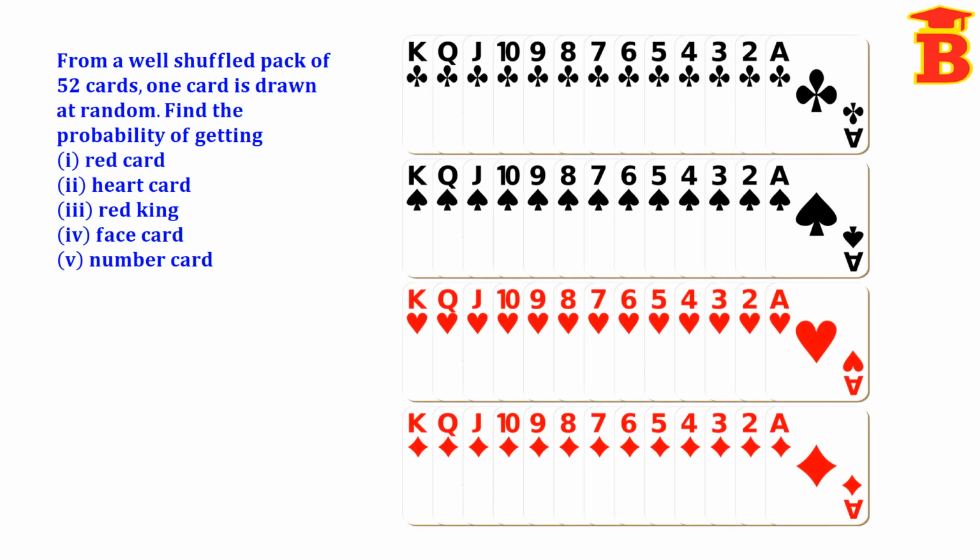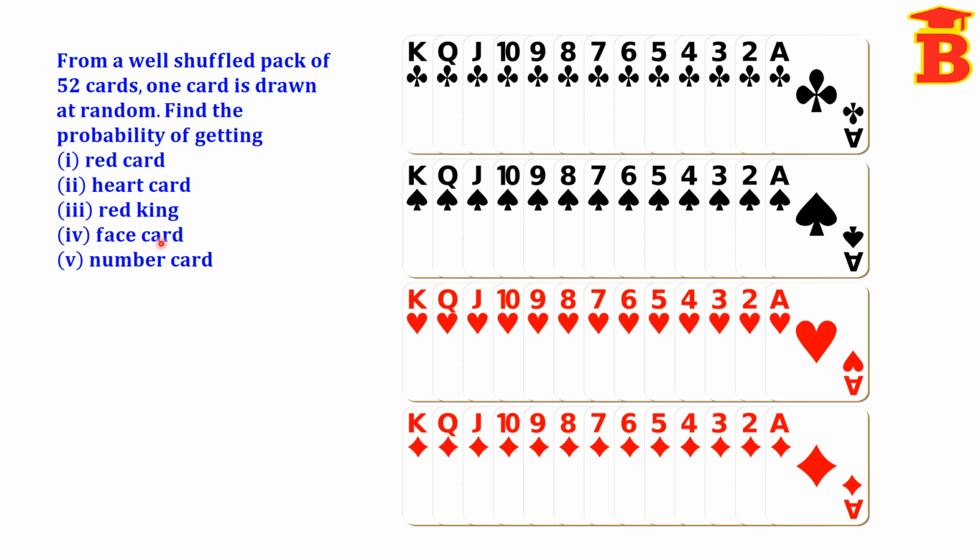We know that there are 26 red cards. Second one, heart card. So in heart symbol we have 13 cards. Third one, red king. We have 2 red kings. That is this heart symbol and diamond symbol. These 2 kings are in red color.